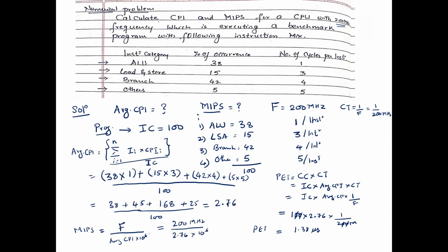Okay, so 10 raised to 6 and mega will get cancelled. 72.46. So on average this processor can execute 72.46 million instructions per second. So that will be the capacity or the performance of a processor.